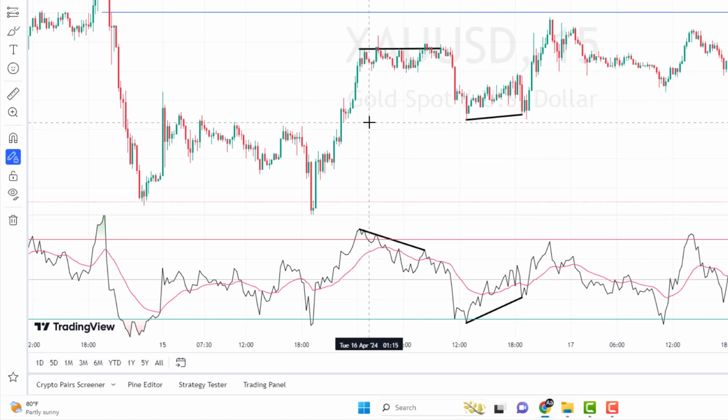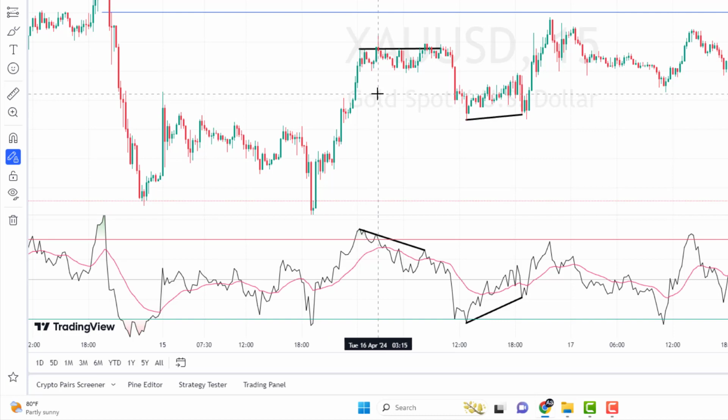Now we have to check what the current time of this range is. This is 12 or 1 AM. It means the NY session has ended.